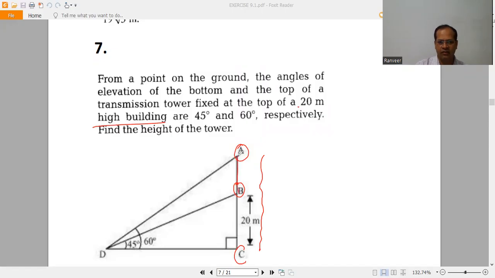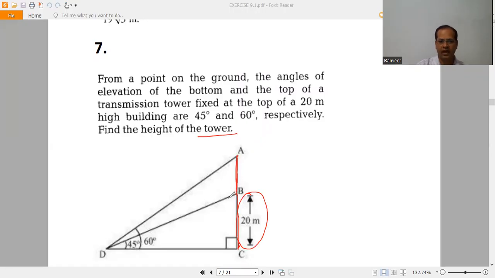So AB is the tower, and it is fixed on the 20 meter. This is the building length 20 meter, and AB is the length of the tower. Find the height of the tower. That means we have to find out AB.